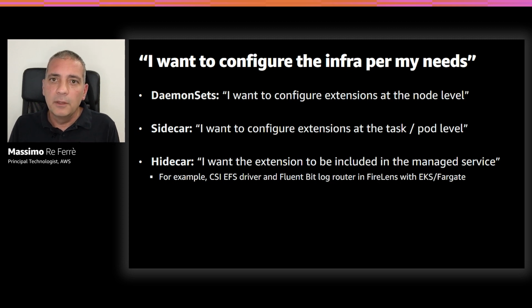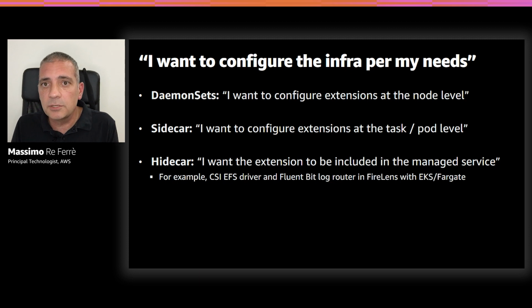Think about that. When I said before that Fargate will allow you to remove a lot of the infrastructure related work that you need to do, so removing the undifferentiated heavy lifting, as we call it, you may even give to AWS the management of some of these extensions, right?